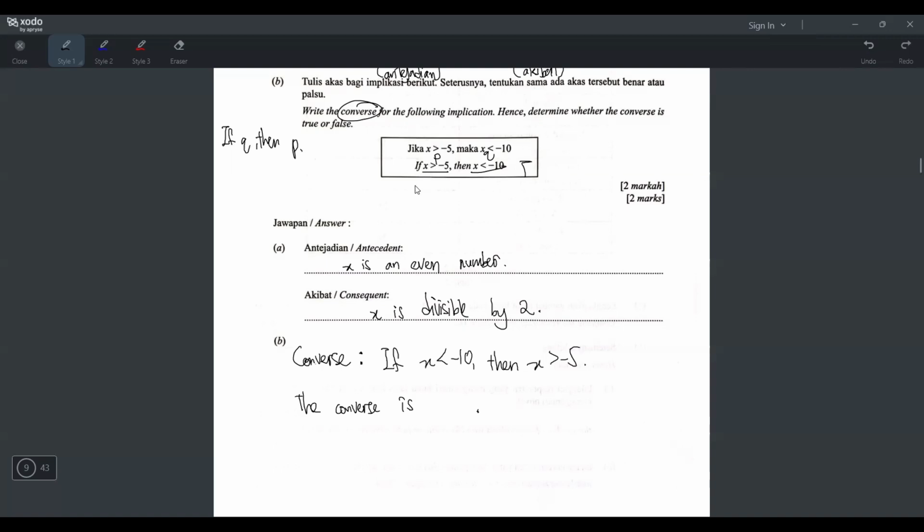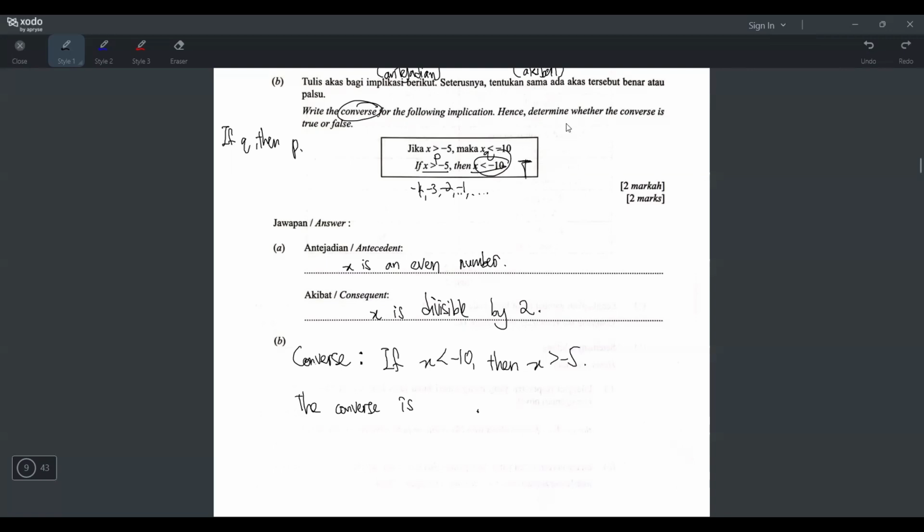If X is bigger than -5 means it's like -4, -3, -2, -1, and so on. So if a number is bigger than -5, automatic it will be bigger than -10. Confirm, because -5 is bigger than -10. So this is a true statement.